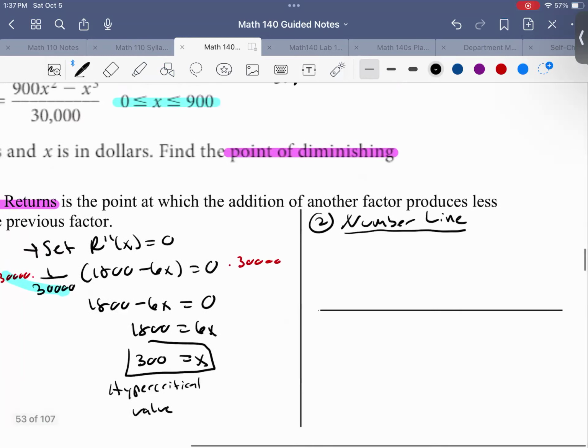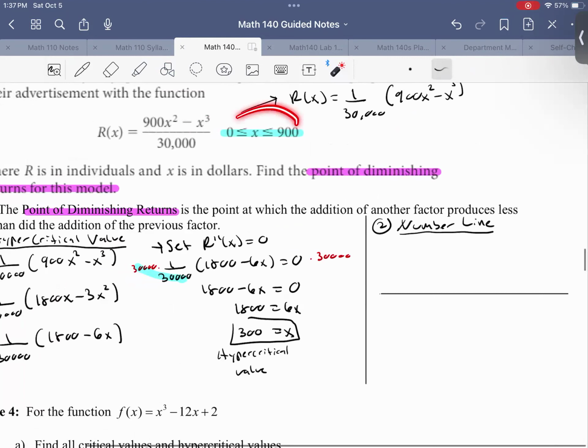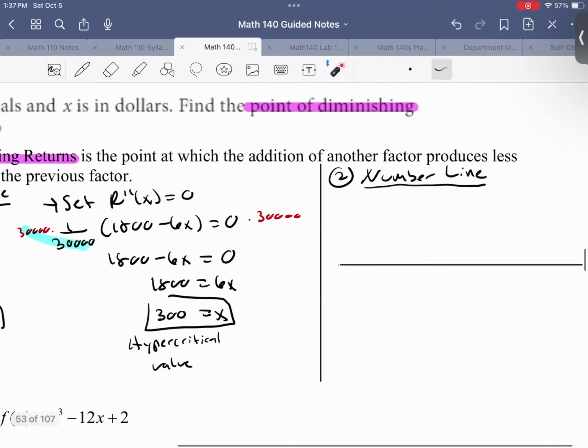Be careful here because we're doing an applied problem. We are only between 0 and 900. So what you want to do is actually plug in your endpoints, 0 and 900, to see if you're actually diminishing these returns. So we have a number line from 0 to 900.